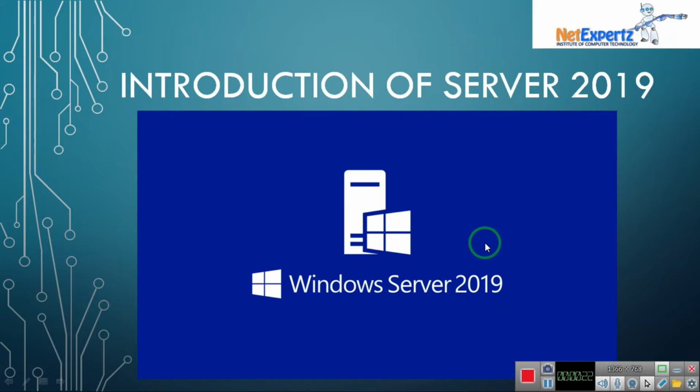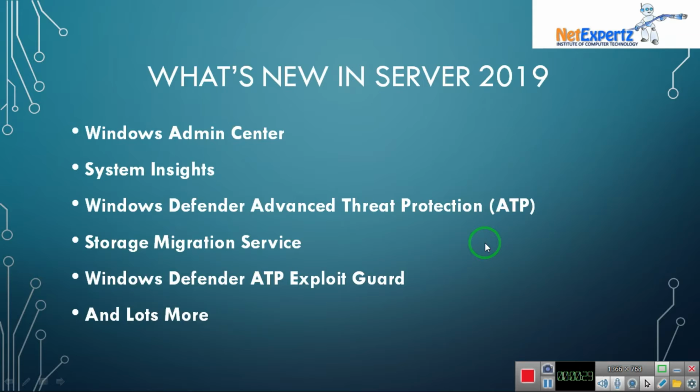In this, first we need to understand what the additions are, or what's new in Server 2019, in comparison with 2016. Number one, we have Windows Admin Center. It's a new feature in Server 2019.